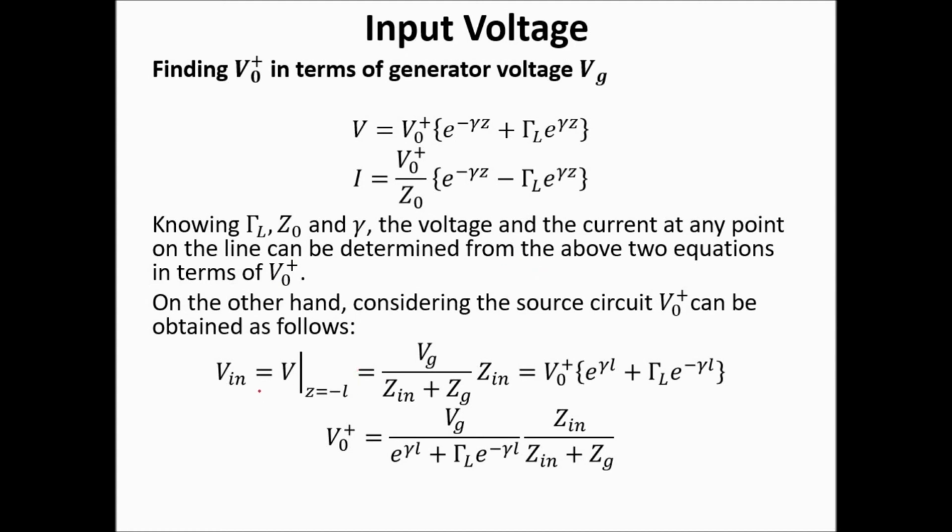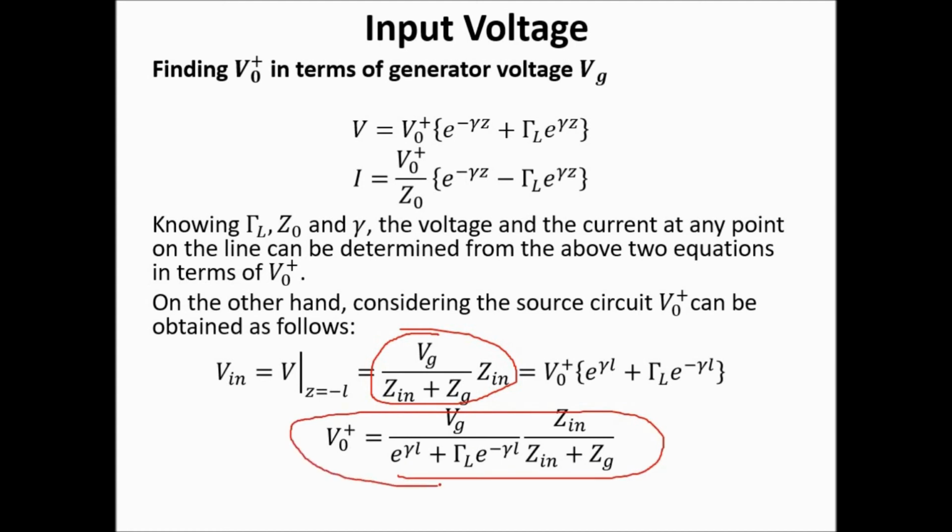Now the input voltage is V at z equal to minus L. You can use the voltage division law here, and once you know the input impedance, Vg is this, and that is equal to gamma L. So you can write V0 plus equal to this. So you can use this formula. You don't need to use this formula for solving every circuit.